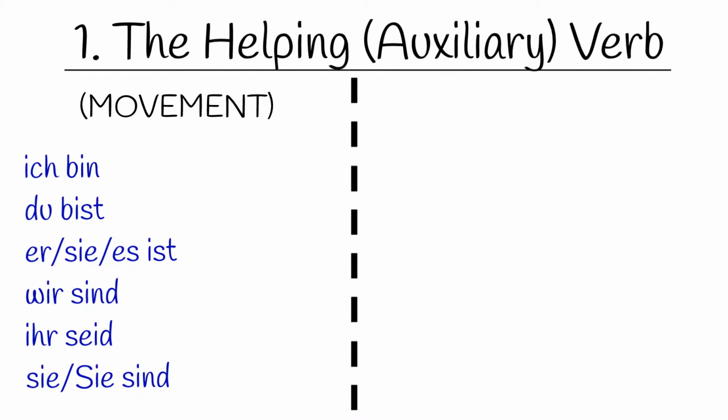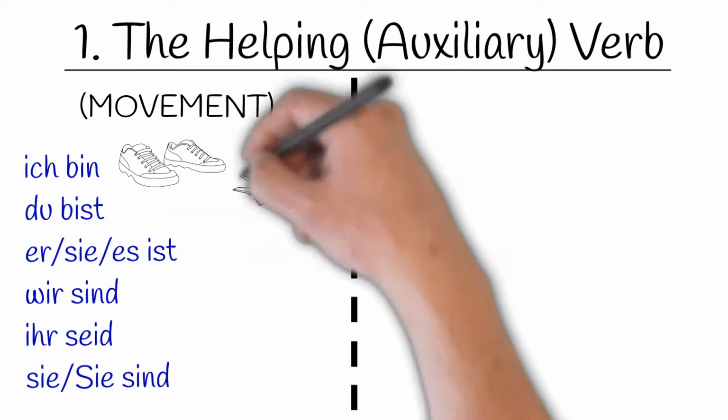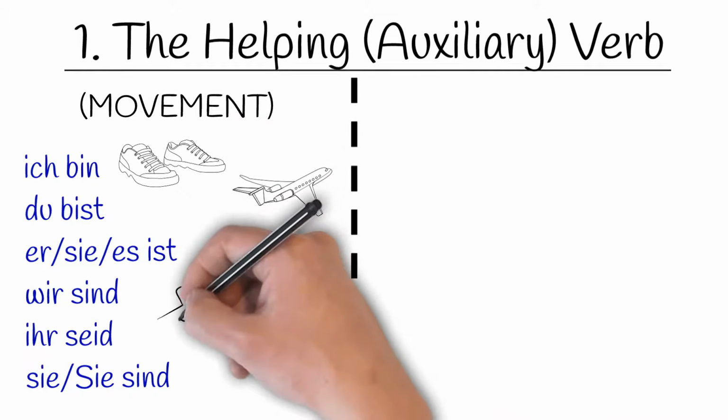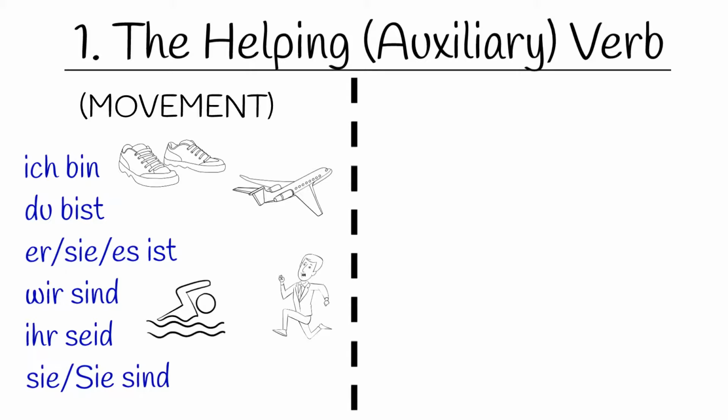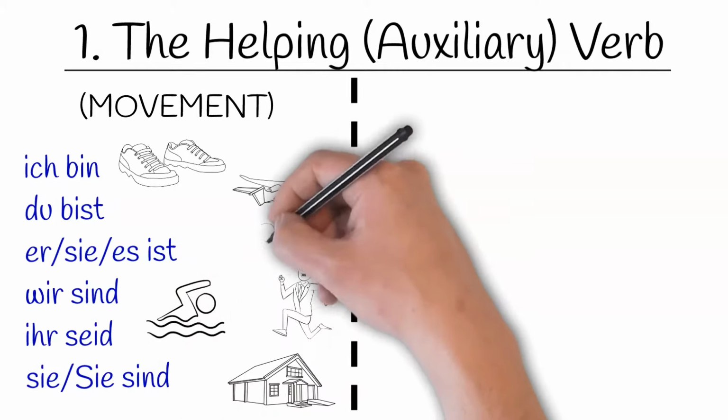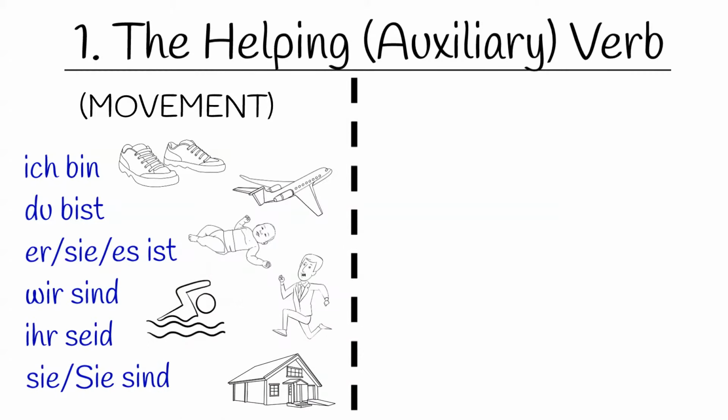We use this for actions such as walking, flying, running, swimming, but also for more significant movements such as moving house, or more significant transitions such as being born or dying.